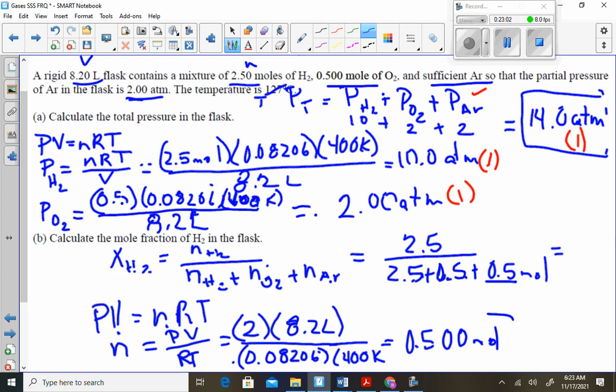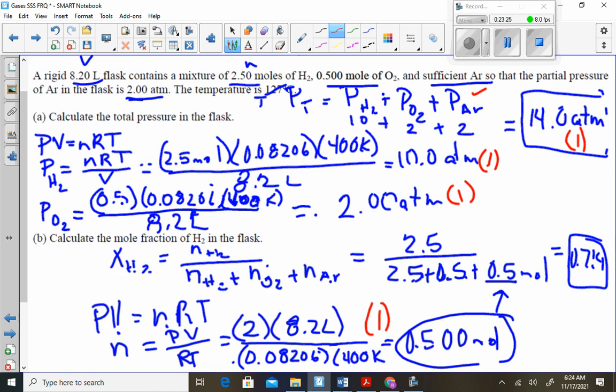Okay, so we took this number and plugged it in for our moles of argon in our mole fraction equation. And when we add them up and divide, we get 0.714 as our mole fraction. So we got 1 point on this one for finding the moles of argon and 1 point for finding the mole fraction.